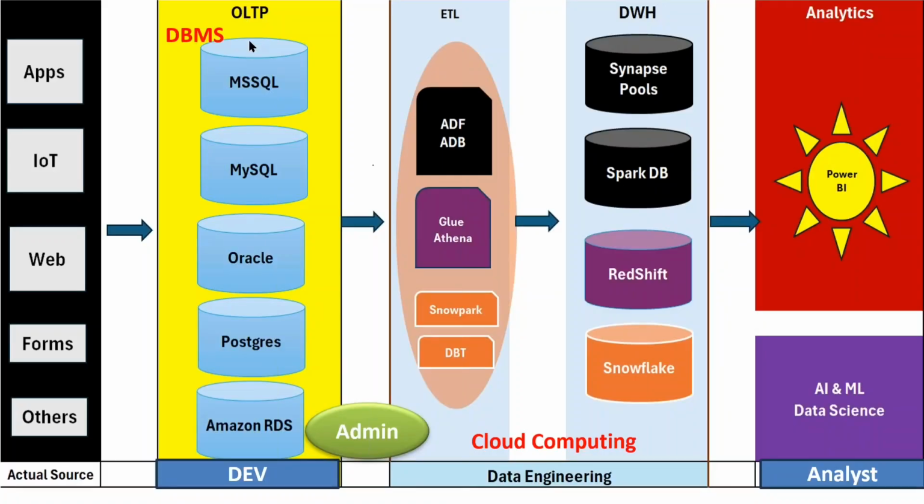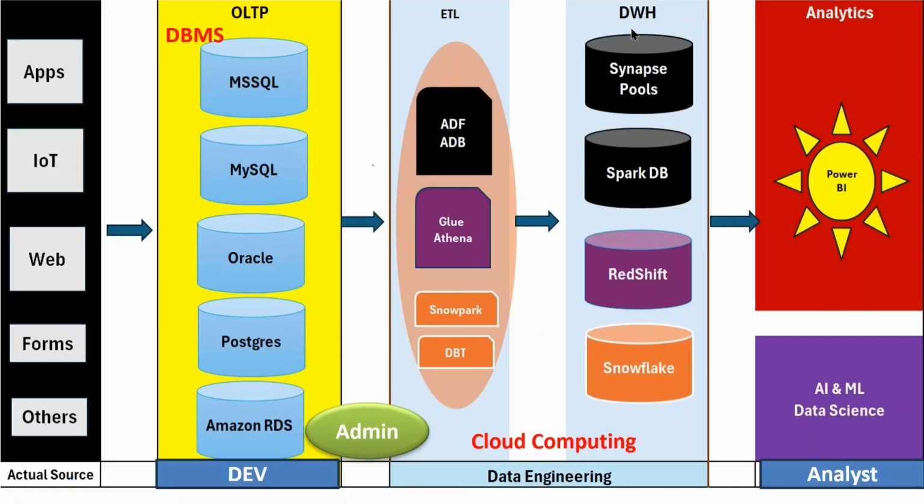OLTP products are Microsoft SQL or Oracle, MySQL, Postgres, Amazon RDS. The cloud computing products, Azure Data Factory, Azure Databricks, Amazon Glue, Athena, Snowpark, Data Build Tool, all come under ETL: extract data from the left, transform or join, compute, calculate, and load to the destination, warehouse.